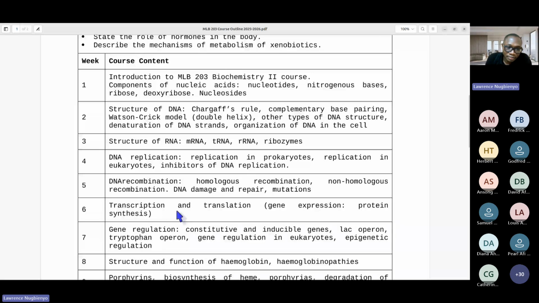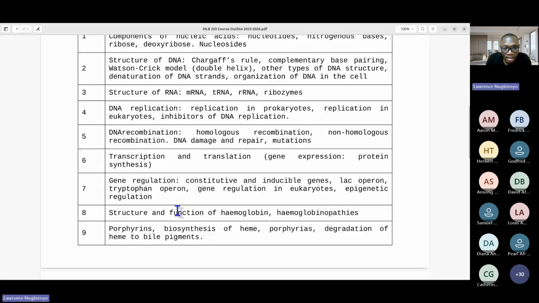Then we will go ahead and look at what you refer to as gene regulation. So if you are having genes that are being expressed, there has to be a way of regulating these processes. So we'll look at the different forms by which the expression of genes is regulated in the body.